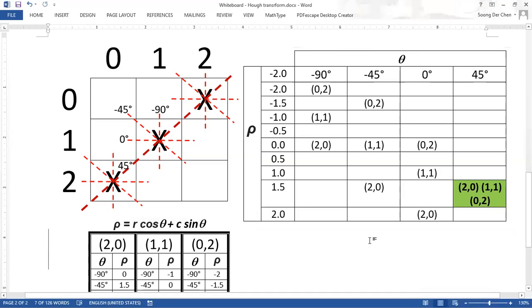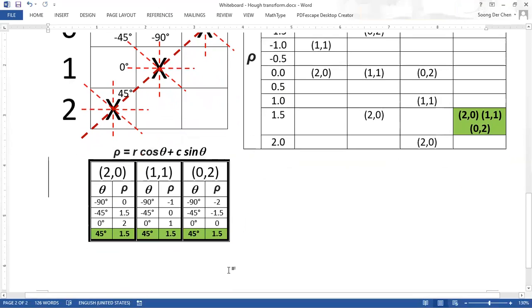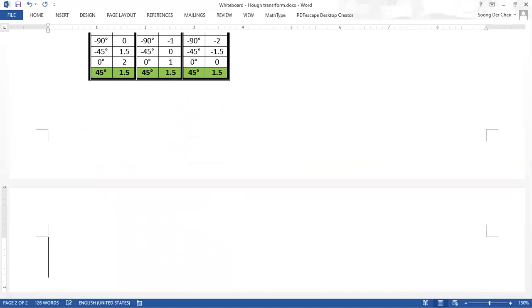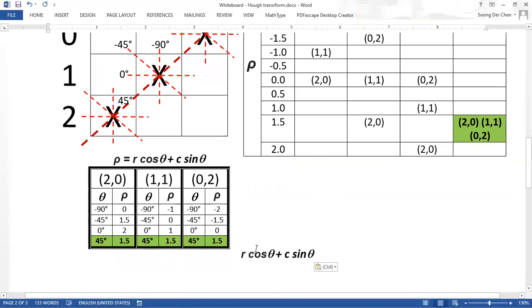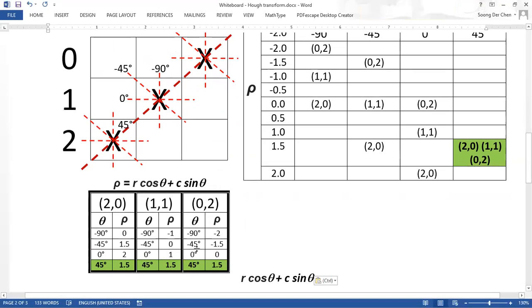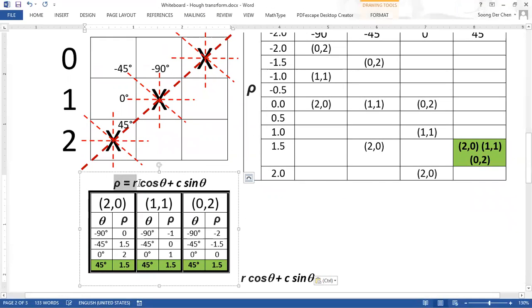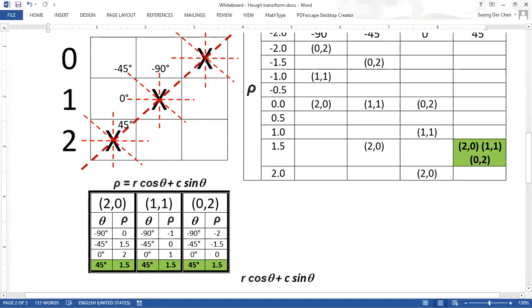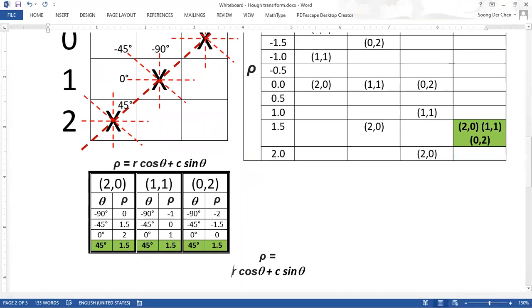All right, so for the final answers, we are looking for rho. Where is my rho?